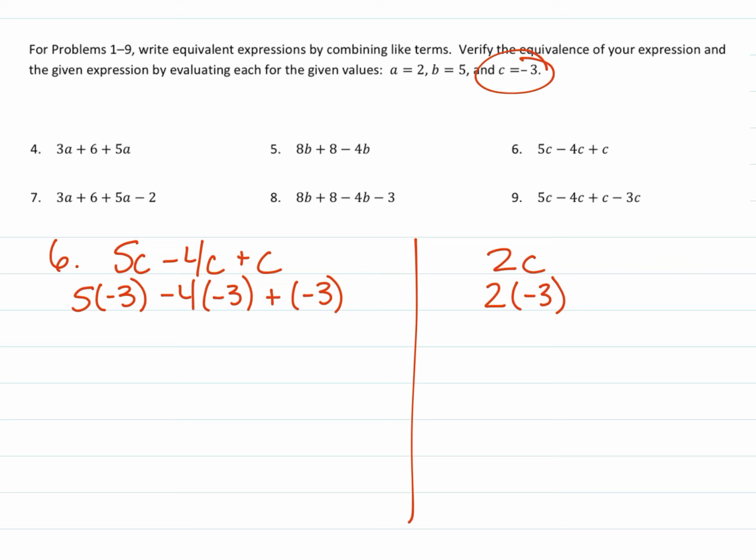On the side with the simplified equation, 2 times negative 3 is negative 6. On the left one, the original, 5 times negative 3 is negative 15. Negative 4 times negative 3 is a positive 12. And then we are adding negative 3. Negative 15 and positive 12 make negative 3. And negative 3 plus negative 3 makes negative 6.